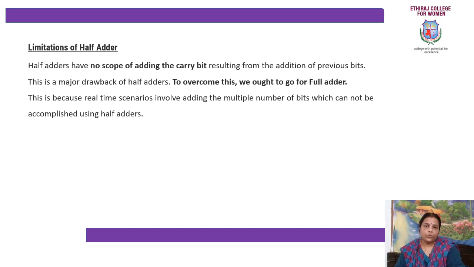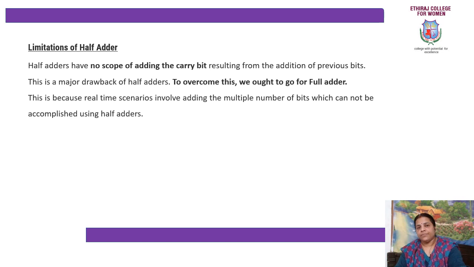So what we can do is take one more half adder, where the carry output, the extra bit output, becomes one input for the next half adder. To overcome this, we ought to go for the full adder, because real-time scenarios involve adding multiple bits, which cannot be accomplished using half adders.